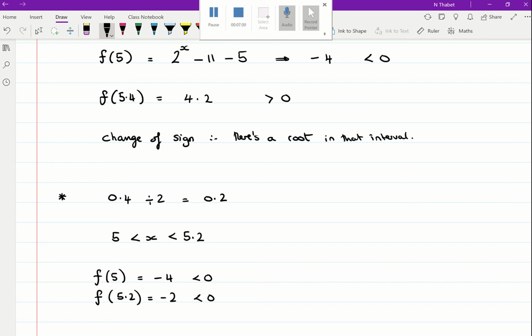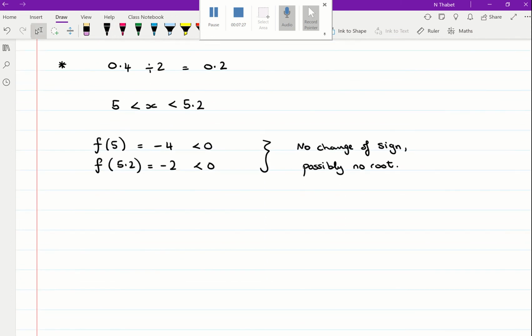They're both negative, so no change of sign. Possibly no root. So I need to take a different combination that has the same width.